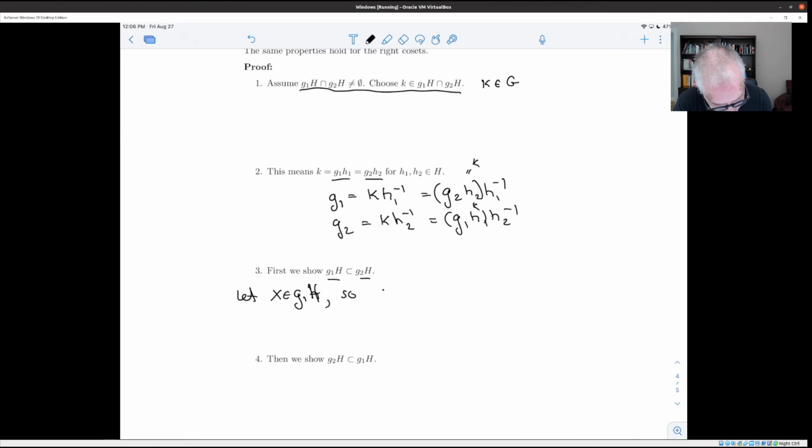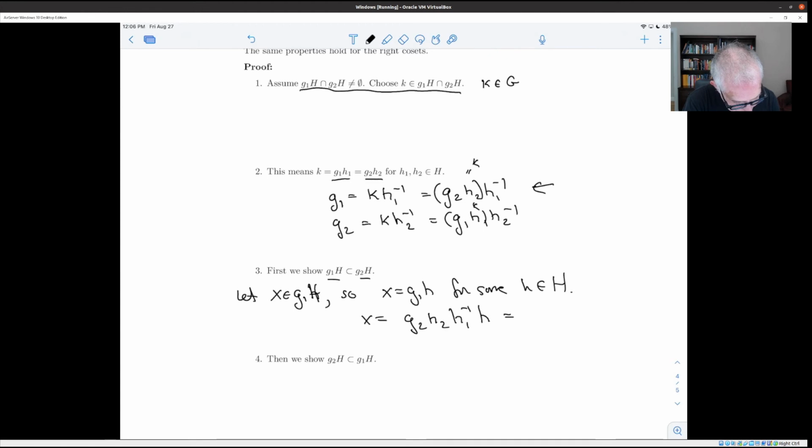So that means that x is equal to g1h for some h in H. But now let's plug in this equation. And that tells us that x is equal to g2 h2 h1 inverse h, which is g2 times h2 h1 inverse h. And this is a product of elements in H. So it belongs to H.